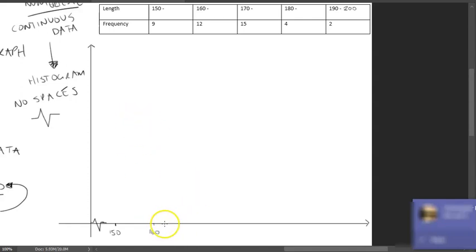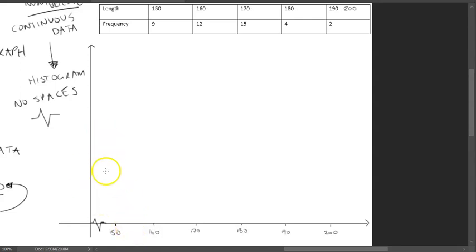And we're going to do this all the way to 170, all the way to 180, all the way to 190, and all the way to 200. Alright, so we skipped quite a bit, gone from 150 to 160. They are in chunks of 10 centimeters. And the frequency, the highest amount is 15.